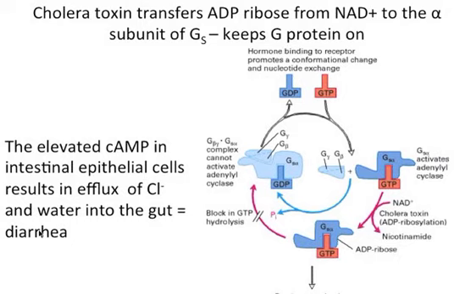It's like throwing a wrench into the gears of the GTPase activity, so it inhibits GTP hydrolysis, and you have constant activation of adenyl cyclase. In intestinal epithelial cells, because remember, what does cholera cause? Diarrhea.